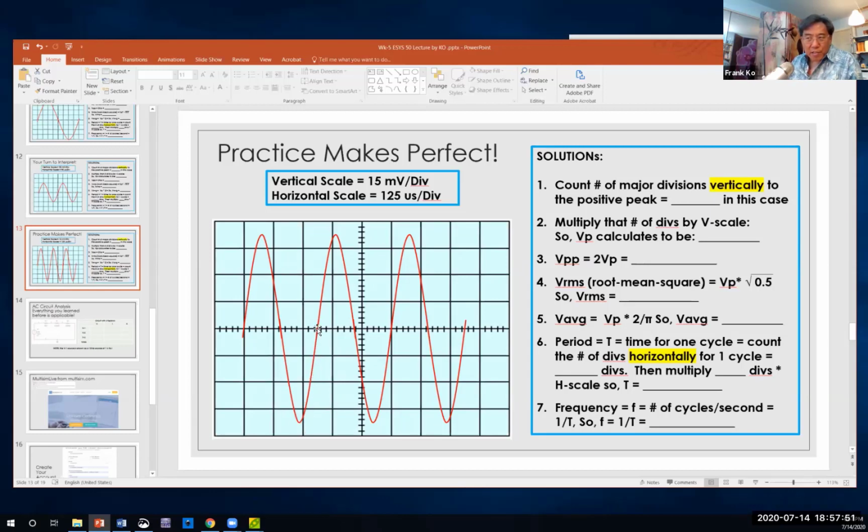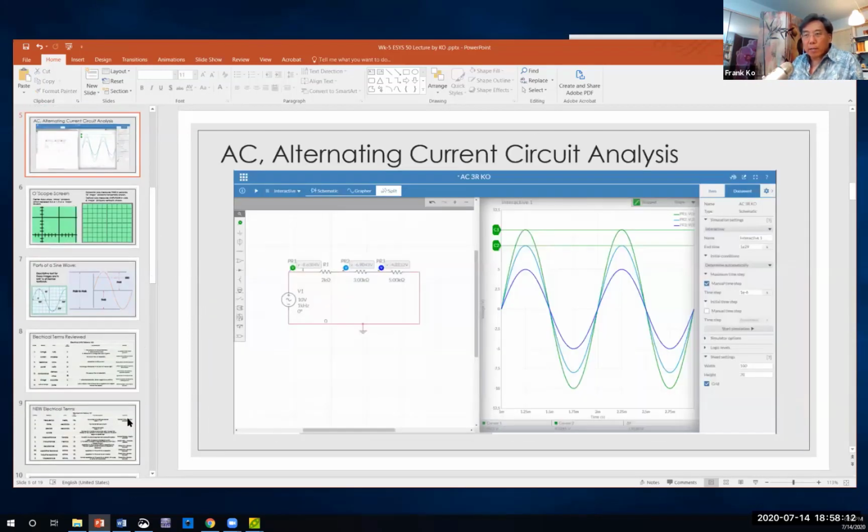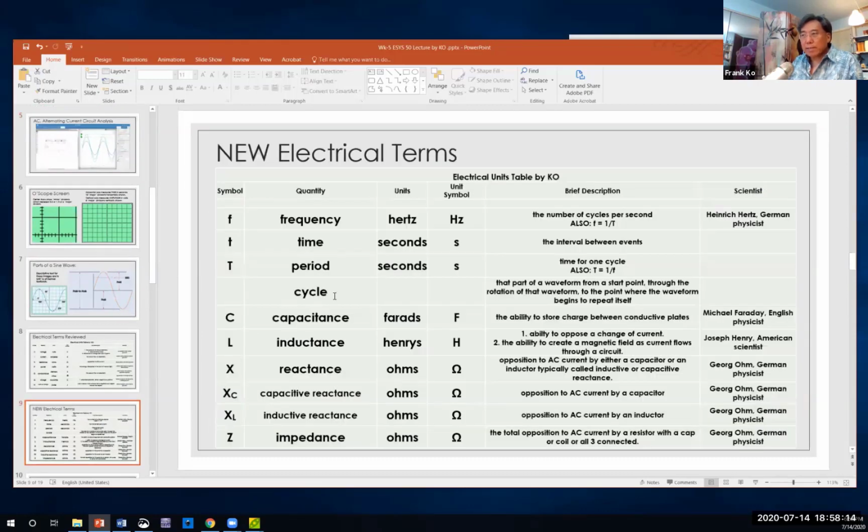Once I hit 360, another cycle begins. So I have one cycle, then a second cycle, and then a third cycle. Although this is one waveform, called a sine wave, it has 3 cycles in this particular illustration. That might give you a better handle on the definition of the word cycle.